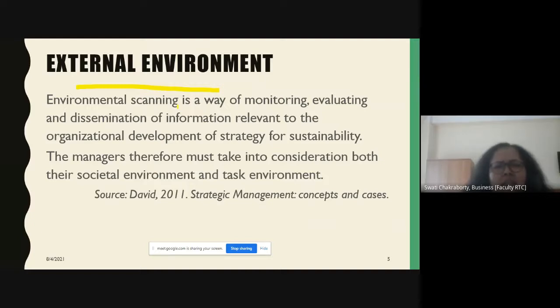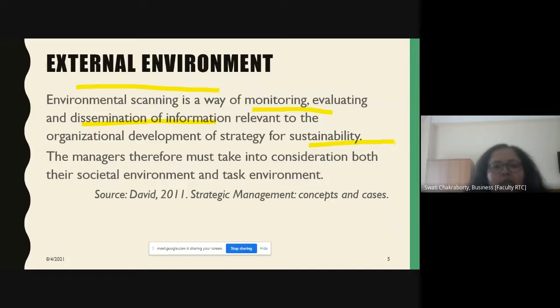What is scanning? Where we talk of environmental scanning, it is a way of monitoring, evaluating and disseminating information which is relevant to the development of the organization, with regards to developing the strategy for organizational development, which would ultimately lead to sustainability, right? So that's what is known as environmental scanning.